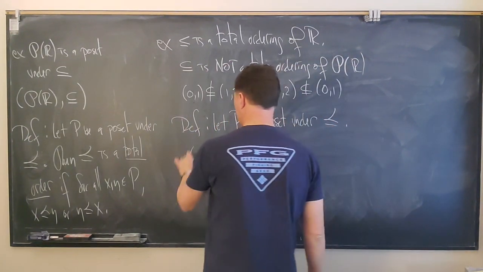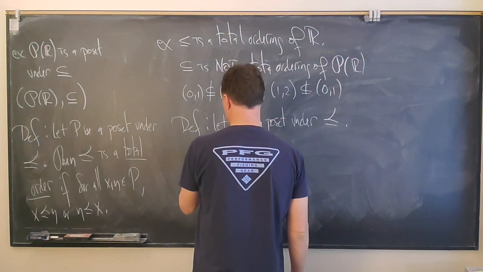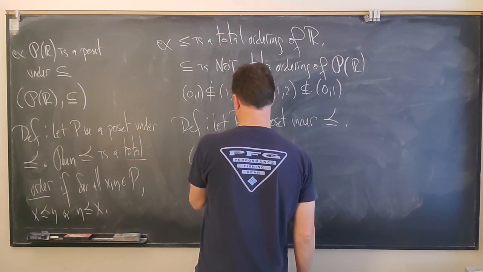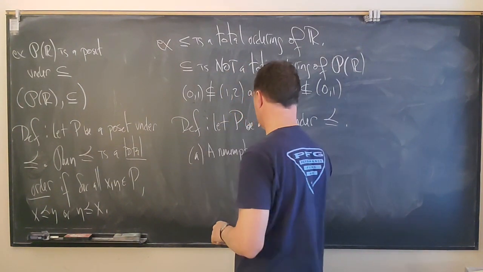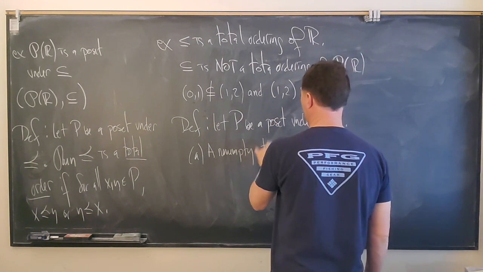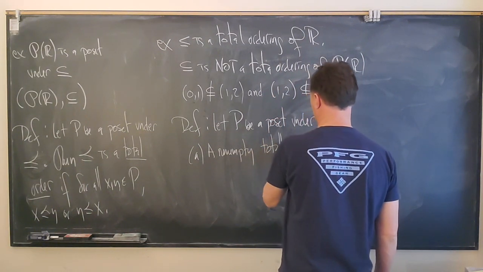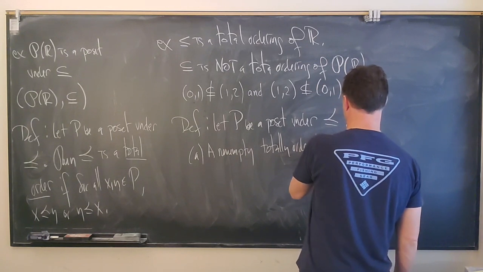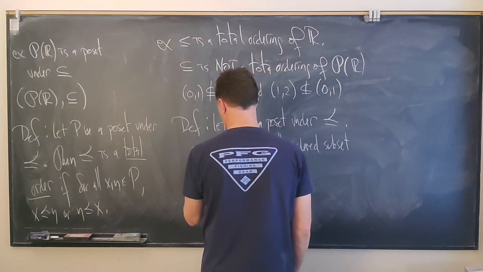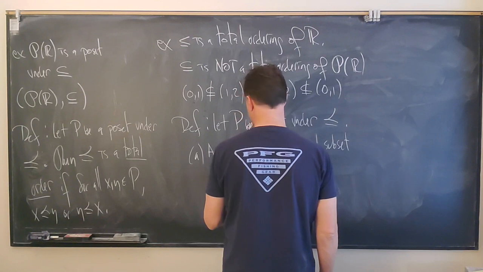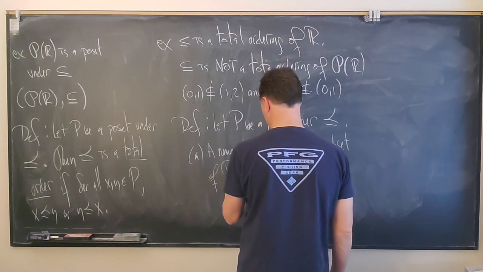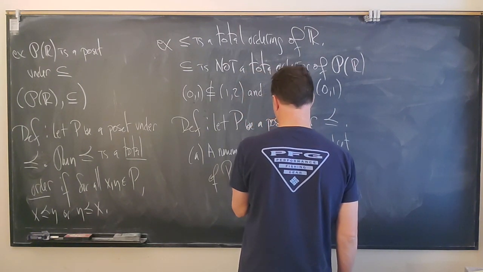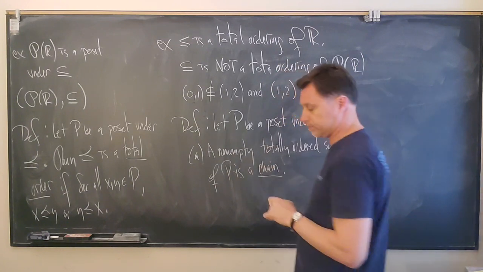There are three parts to this definition. Part A: a non-empty, totally ordered subset of P has a name that's called a chain. So this is a chain.